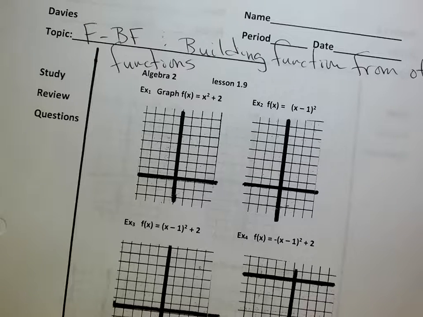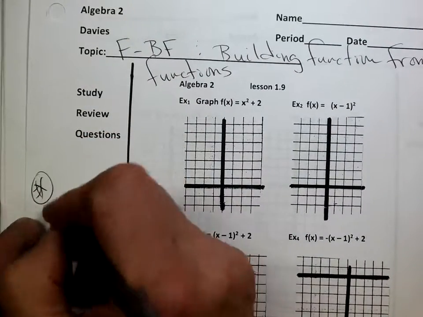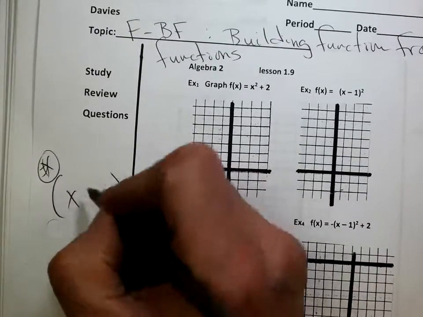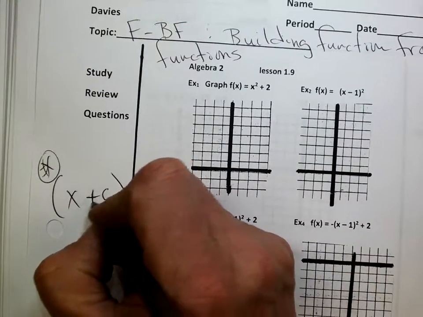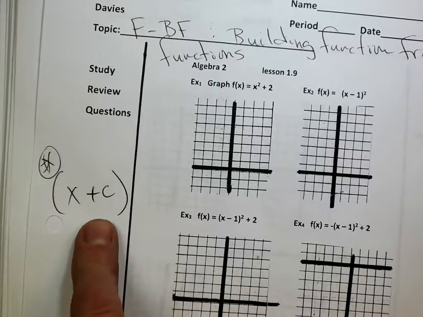Before I even start, everybody please write this down. Big star, okay? Parentheses, x plus c, all right? Write that down. If something is on the inside, we talked about this yesterday, we're going to apply it today.